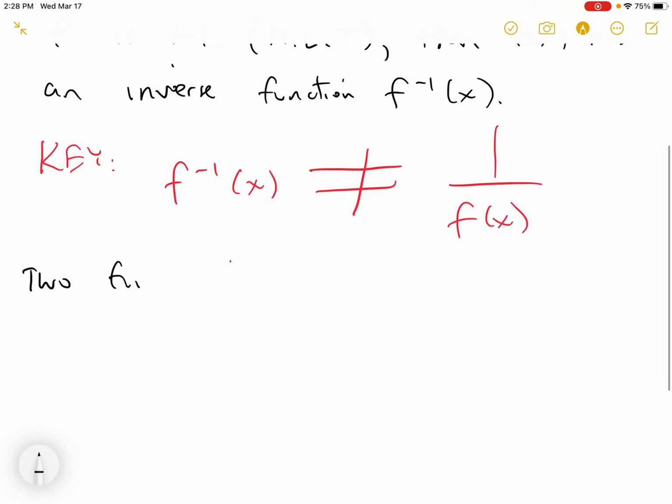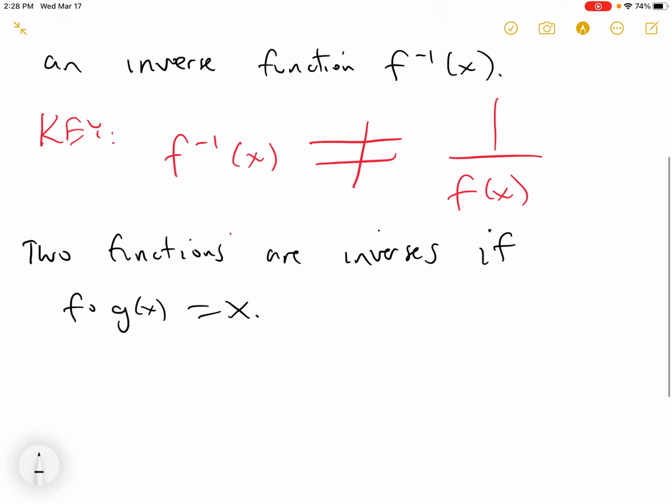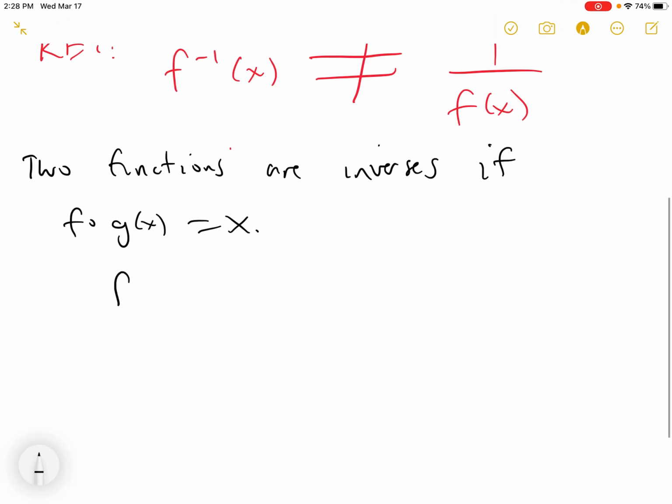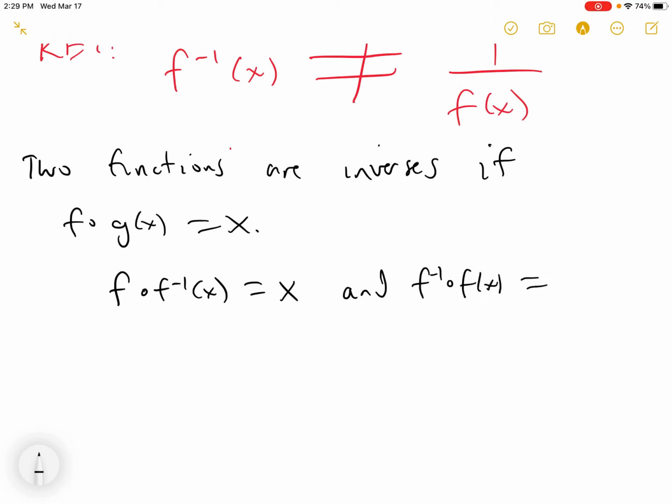So two functions are inverses if their composition equals x. In other words, f composed with f inverse of x equals x, and f inverse composed with f of x equals x.